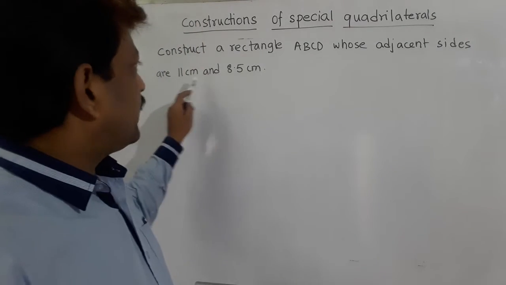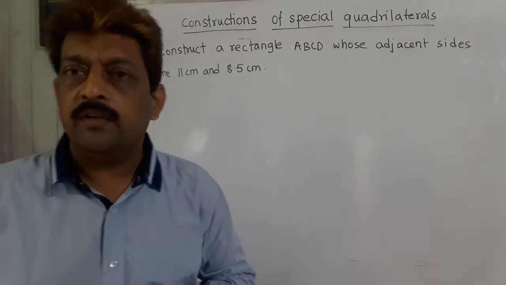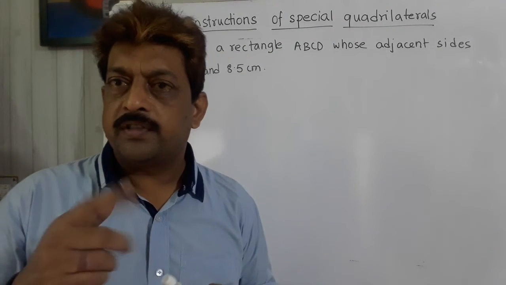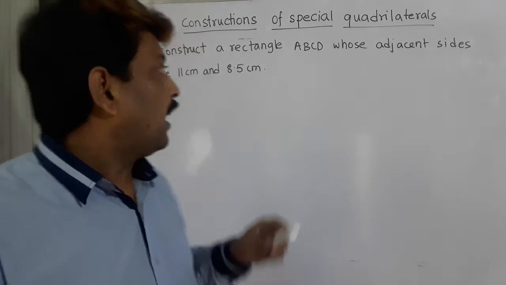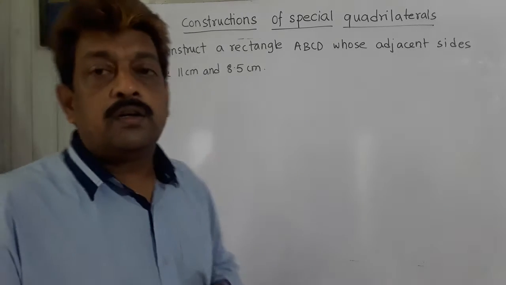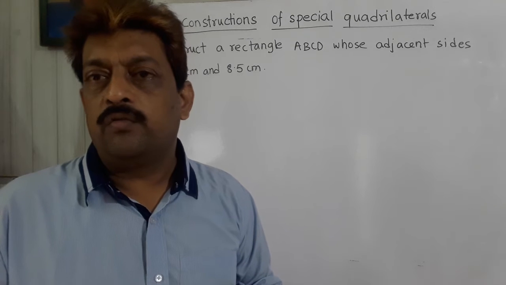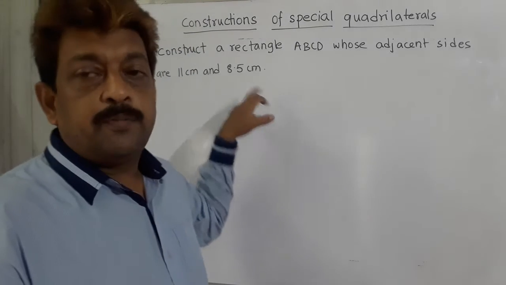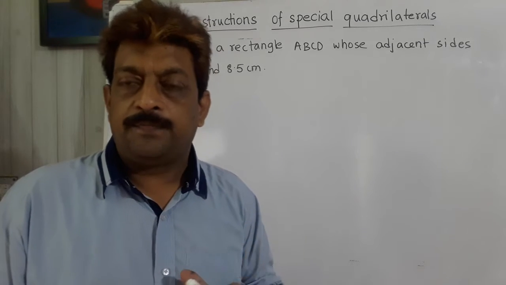So when two adjacent sides are given, we have got all four sides. The longer sides are 11 centimeter each, and the shorter side, we can say the breadth, will be 8.5 centimeter each.